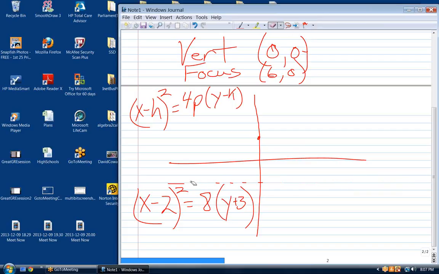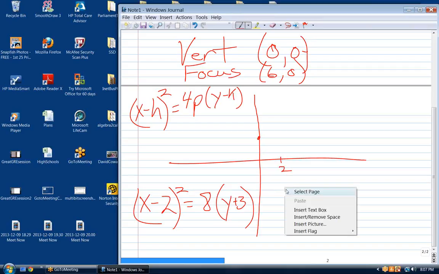I have no idea. Okay. Well, first of all, let's look for the vertex. It was x minus h, so h is 2, and k is minus 3. So the vertex, which is always the most important thing in a parabola, is right there.